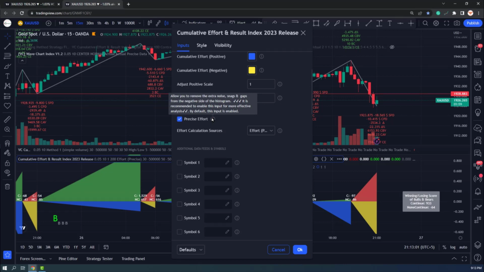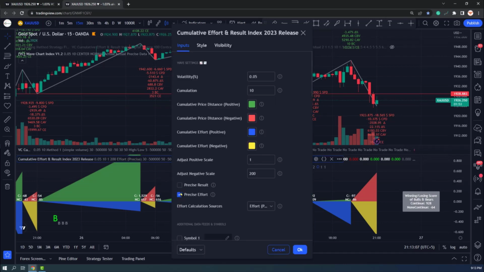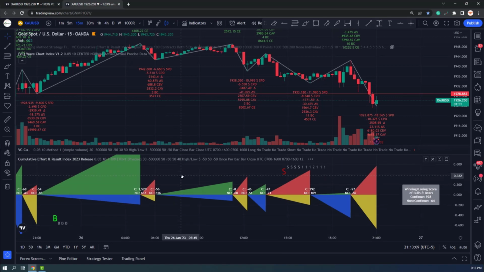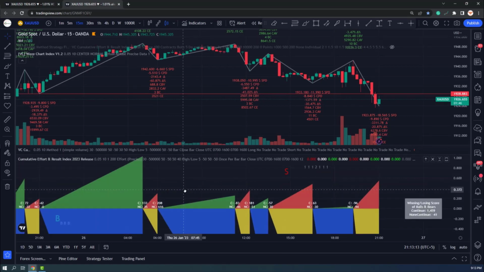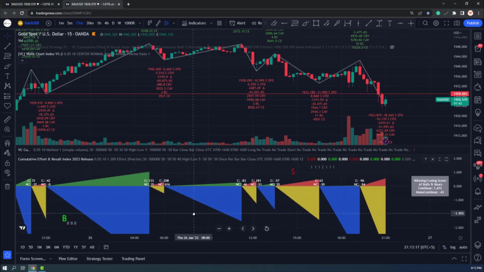What is the meaning of that precise effort? Let me uncheck it so that you can see the difference. You see, I just unchecked it, and it's changing the results, these values.